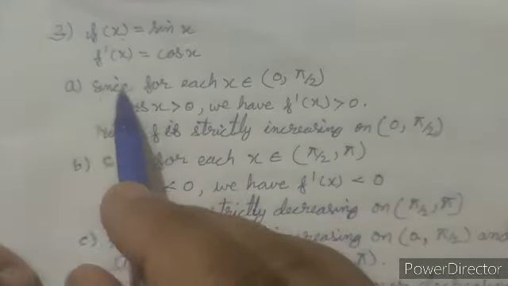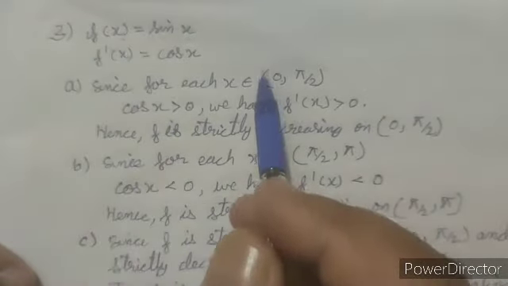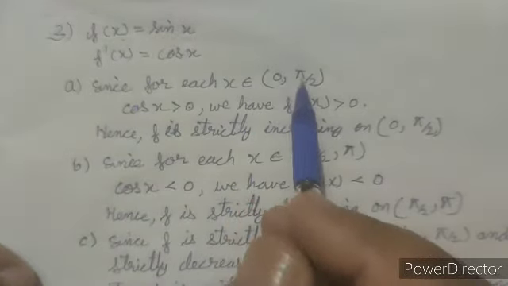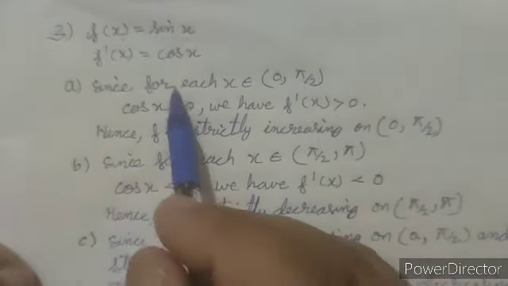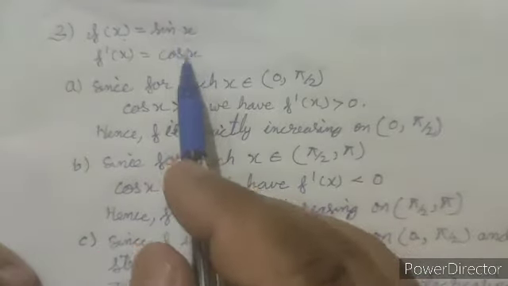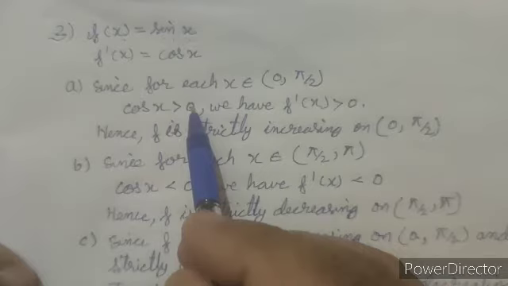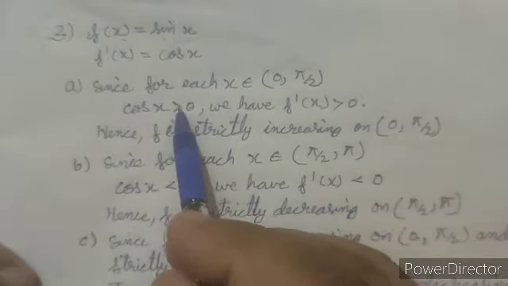Now the first part is we have to check whether the function is increasing or decreasing in interval 0 to pi by 2. Since for each x belonging to 0 to pi by 2, cos x will be greater than 0. In interval 0 to pi by 2, cos x is always positive.